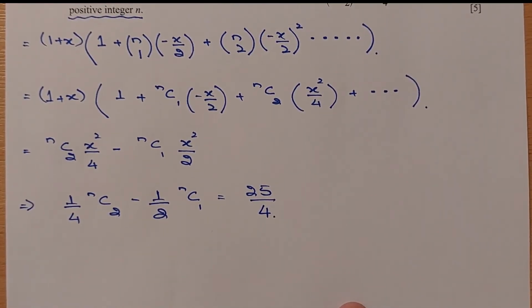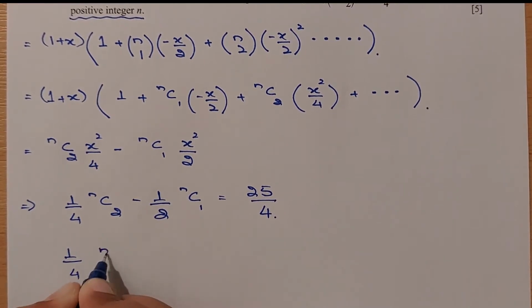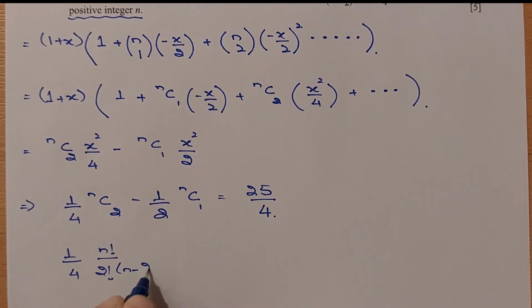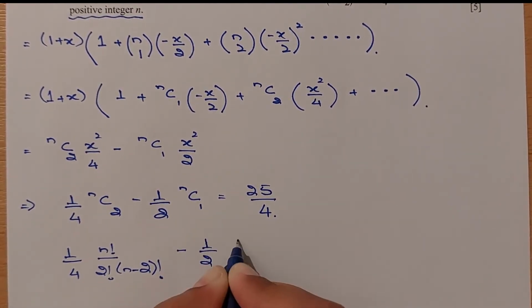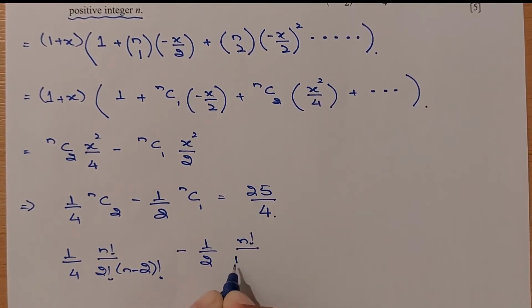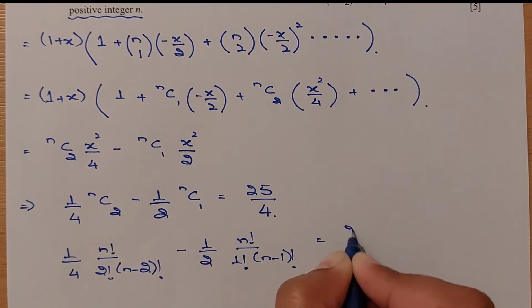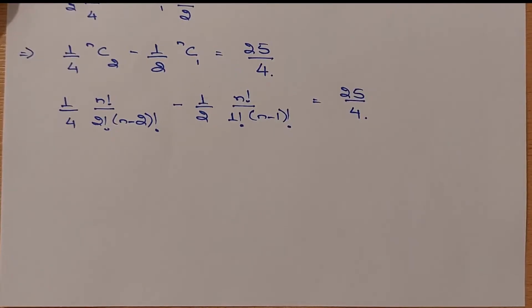Now let me open it. So we have 1 by 4 times n factorial over 2 factorial into (n minus 2) factorial, minus 1 by 2 times n factorial over 1 factorial into (n minus 1) factorial, that equals 25 by 4, right?